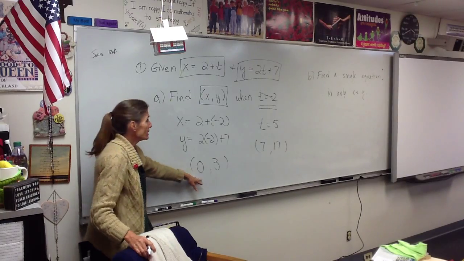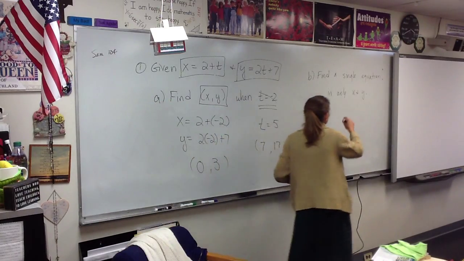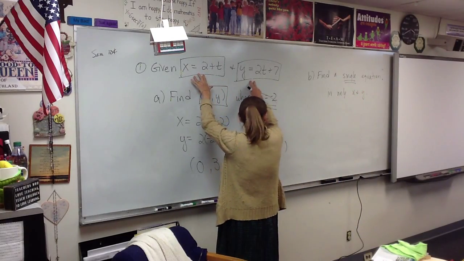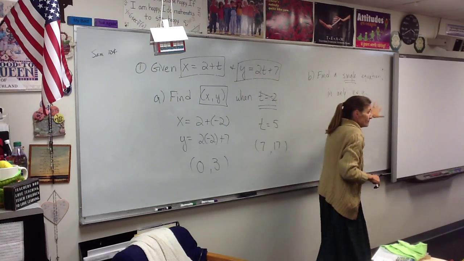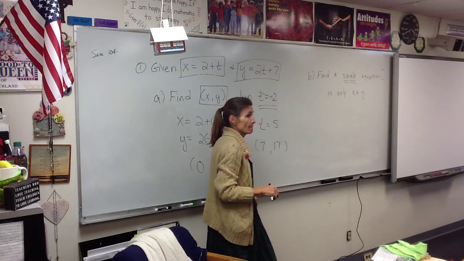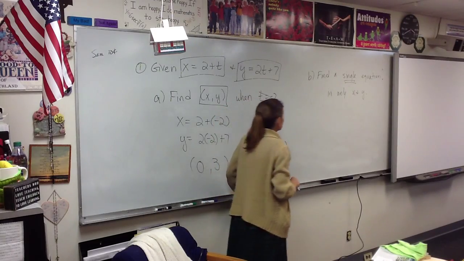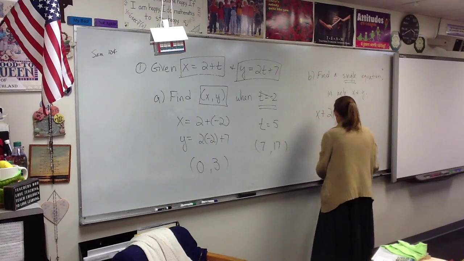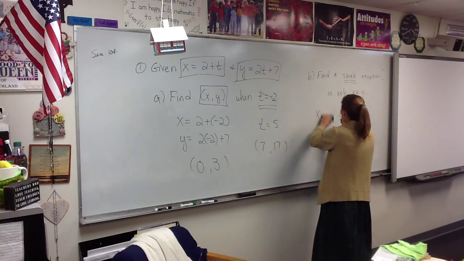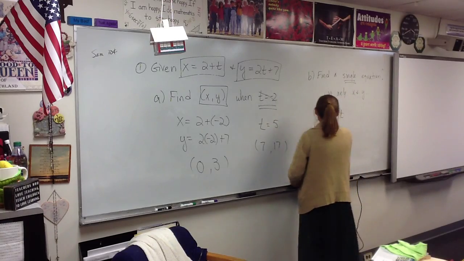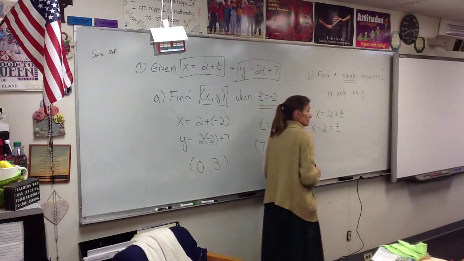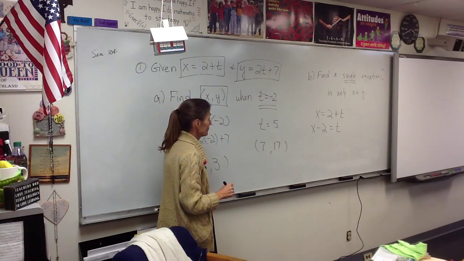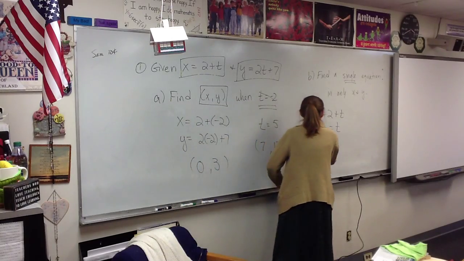Okay? Now the second one says we're going to find a single equation. So instead of having 2 equations, we're going to have 1. So we'll get t by itself, and it looks like that first equation would be the easiest one, right? So x minus 2 equals t. And then what do I do with this x minus 2?